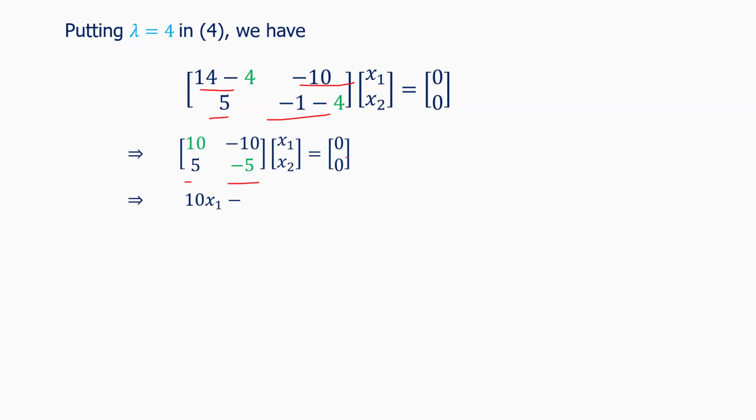If we multiply it out, 10 x1 minus 10 x2 equals 0, and the second is 5 x1 minus 5 x2 equals 0.